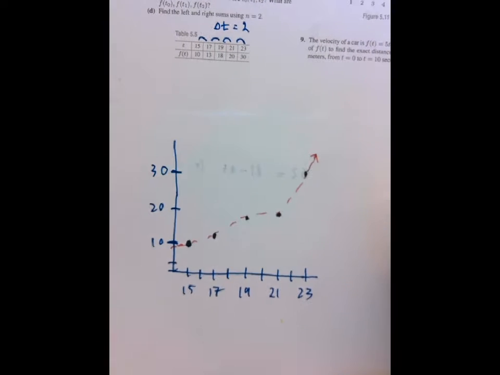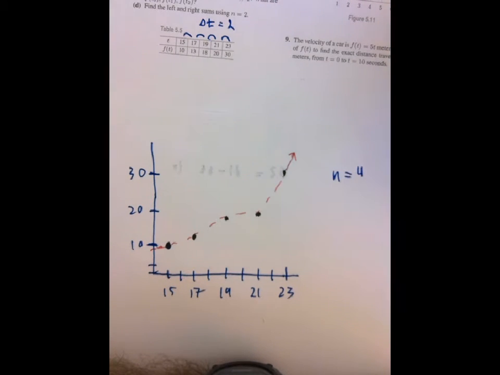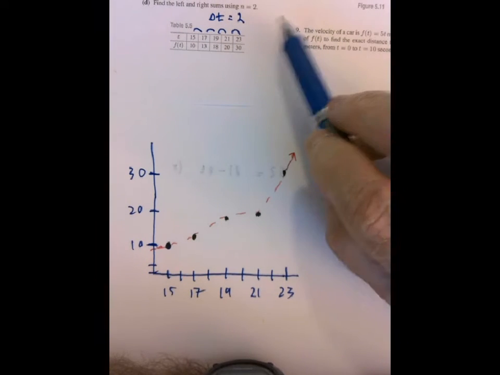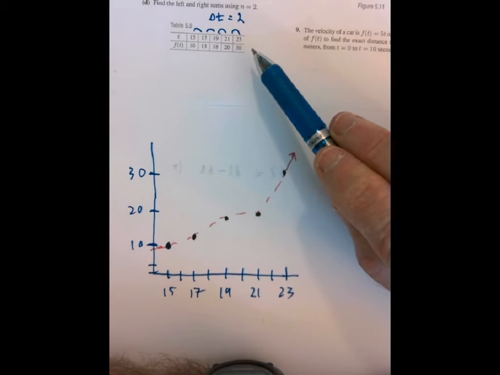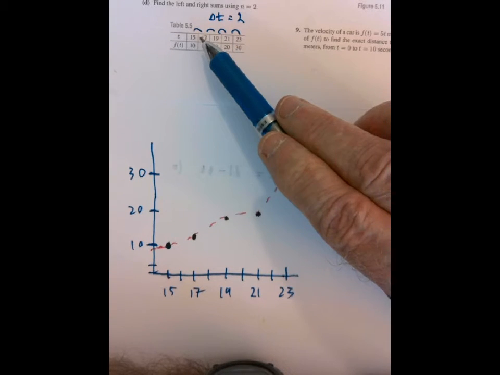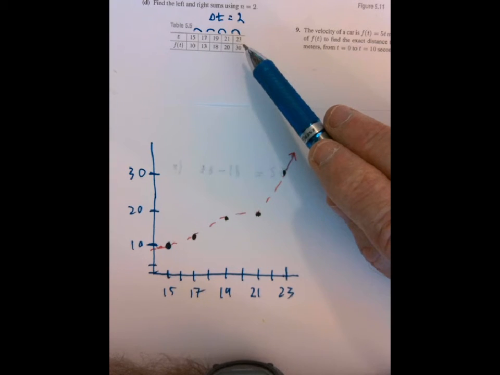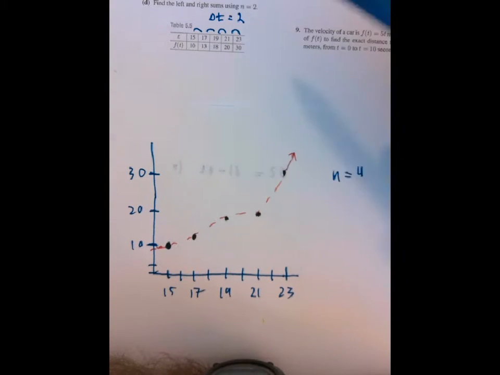We would say, okay, we want n to be equal to 4, and we want this function interval from 15 up to 23 to be divided into 4 even intervals. Why? Because n is 4. So we subtract 23 minus 15.